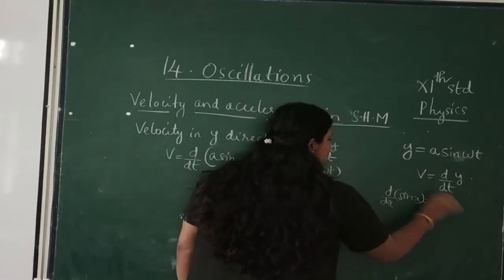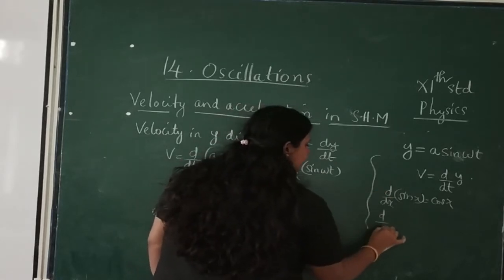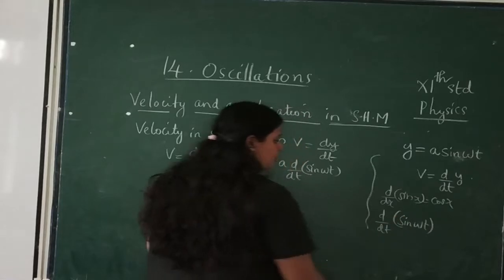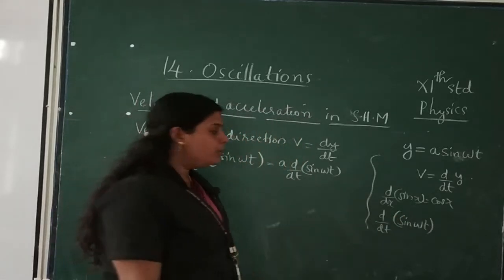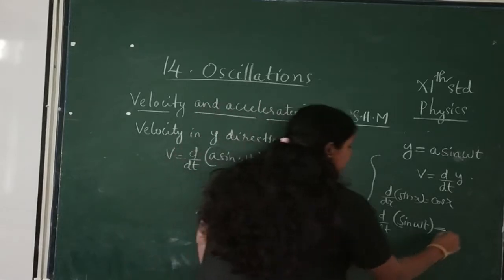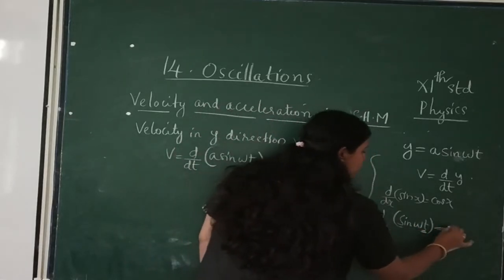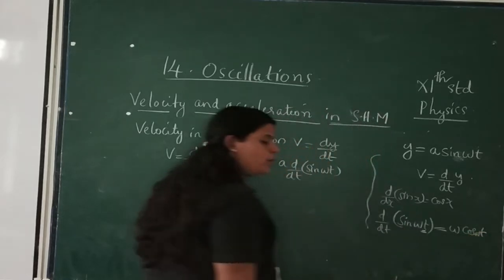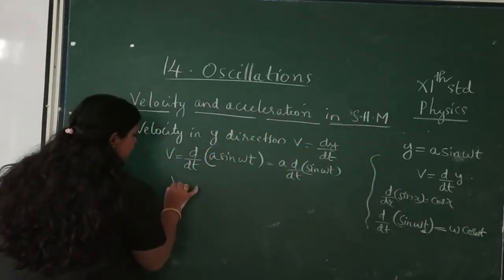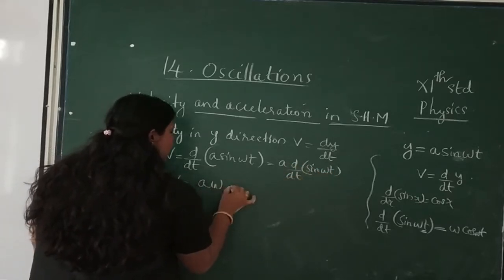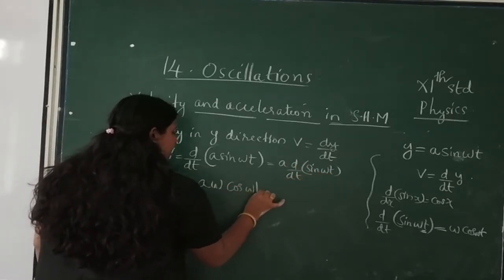This is something we know. Then what will d by dt of sin omega t be? If it were d by dt of sin t, the answer is cos t. But here it is d by dt of sin omega t. So since t has a coefficient, the result is omega into cos omega t. So v is equal to a into omega into cos omega t.